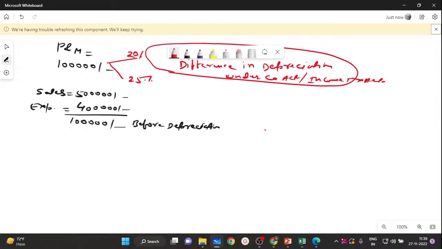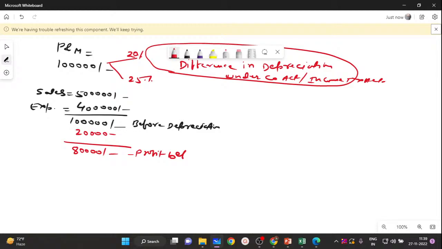Now the company is preparing the balance sheet as per the Company Act, so the depreciation on 1 lakh rupees of plant and machinery will be how much, friends? 20,000 rupees, right? So the net profit before tax of the company will be how much? 80,000 rupees. This is PBT.